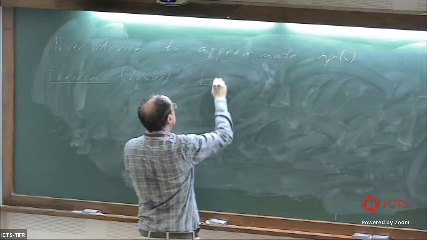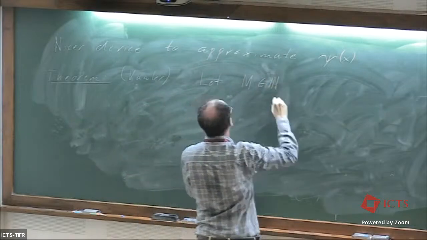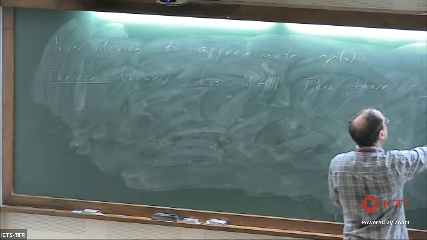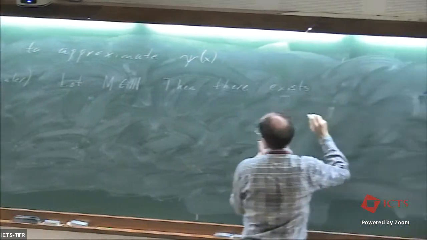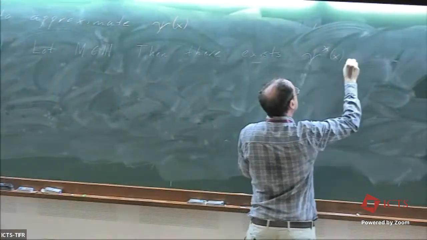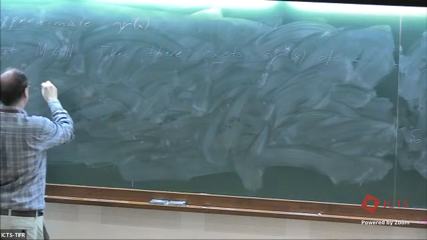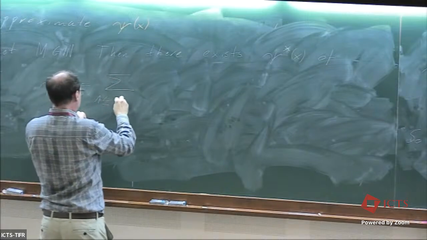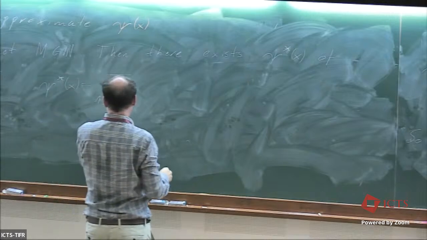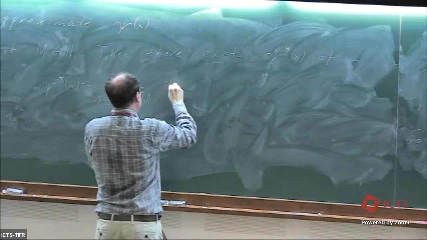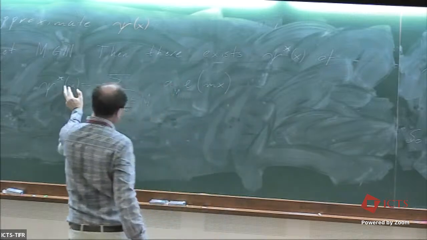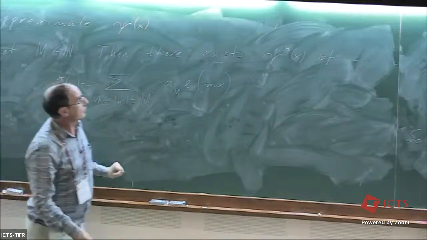Then there exists a psi star x of the form psi star x equals the sum over 1 less or equal modulus m less or equal M of a_m e of mx. There exists a trigonometrical polynomial of this form.